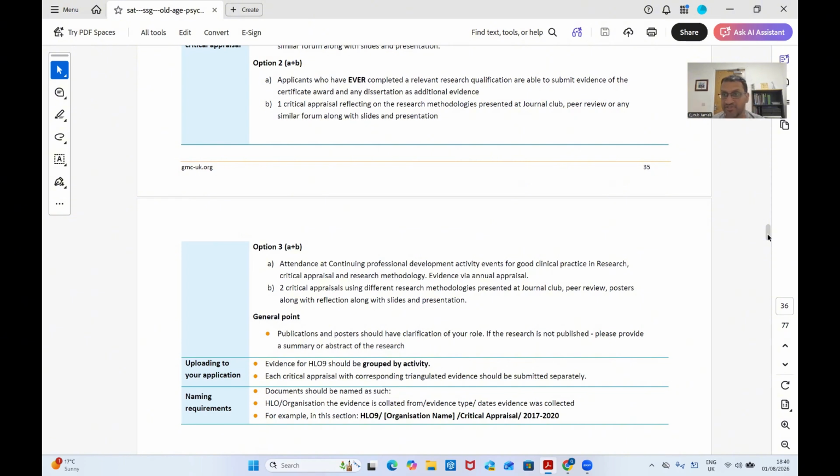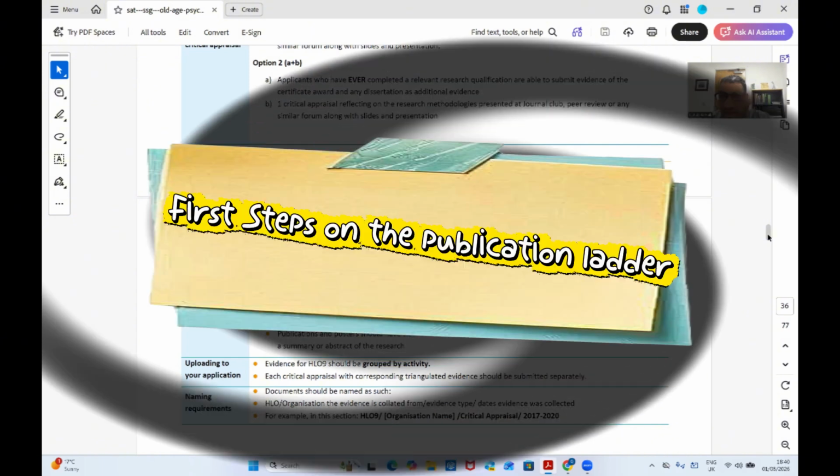So if you're able to demonstrate that, then that on its own is good enough, which shows your research and critical appraisal capabilities. However, you have to be the main author, either the first or the second author to demonstrate that.